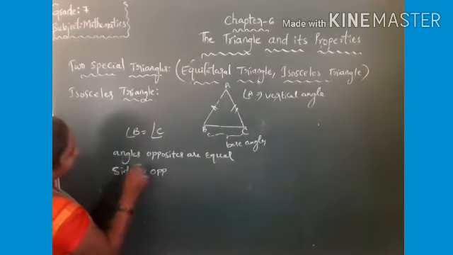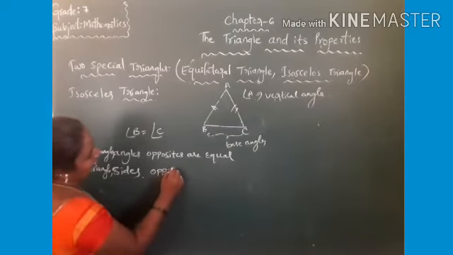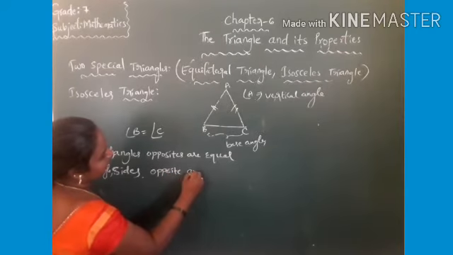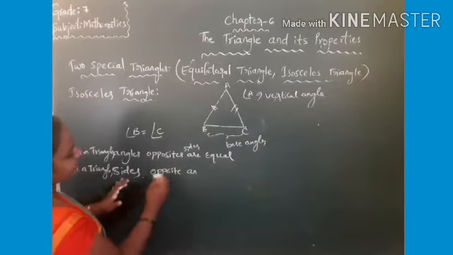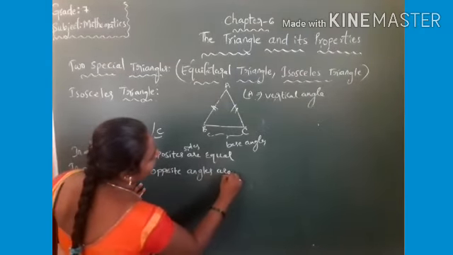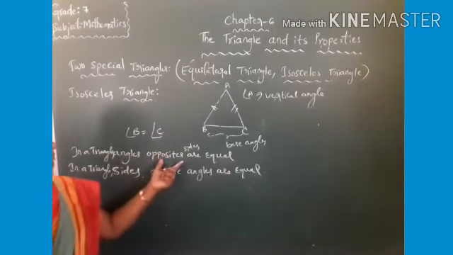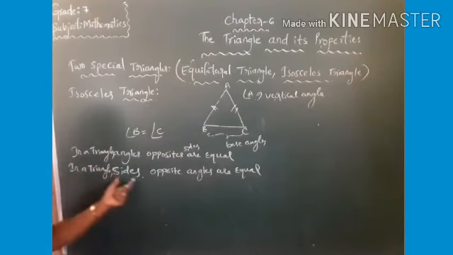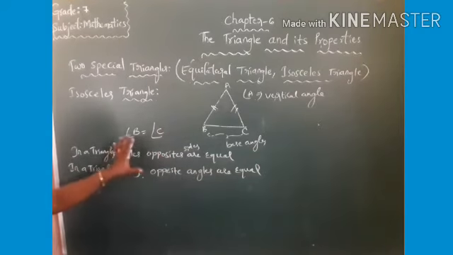Here in a triangle, here also in a triangle, sides opposite angles are equal. In a triangle, angles opposite sides are equal. In a triangle, sides opposite angles are equal. So this is the isosceles triangle.